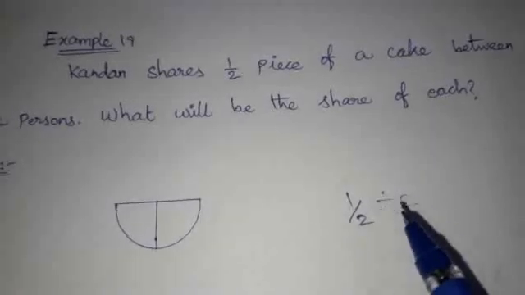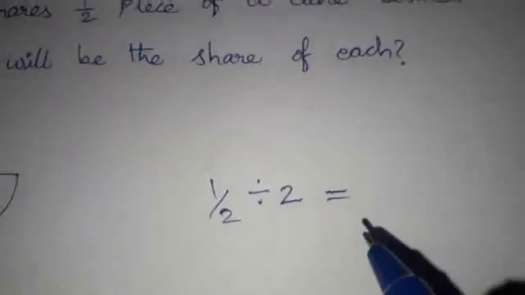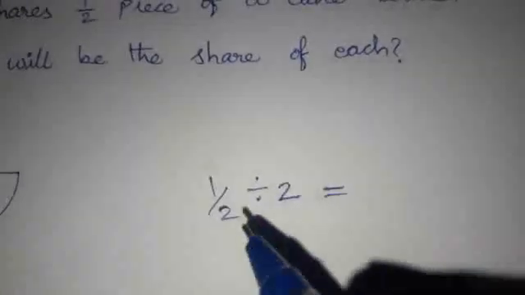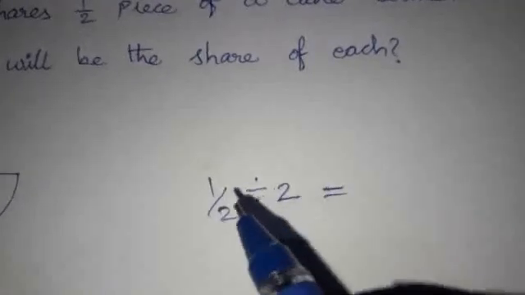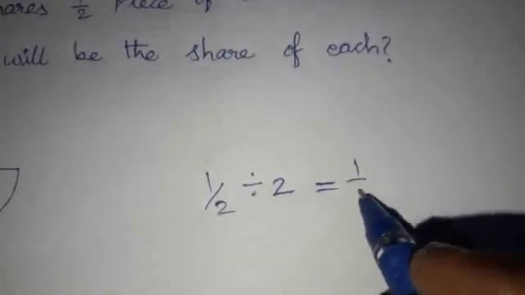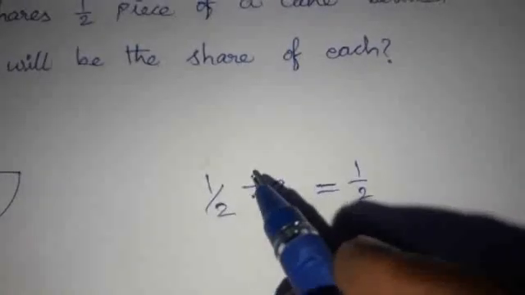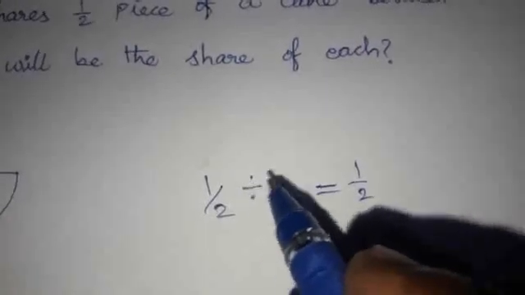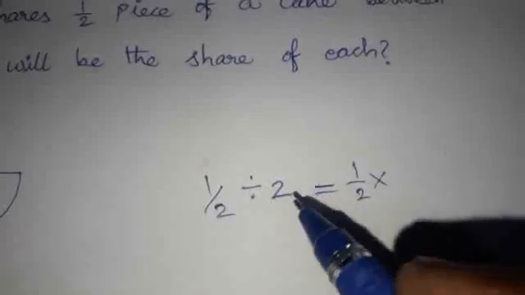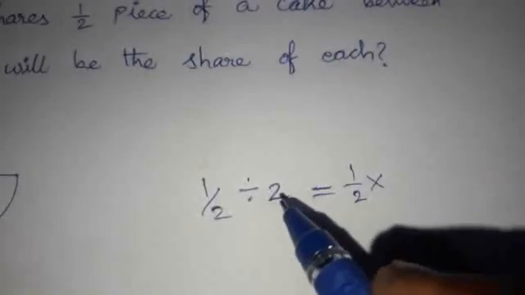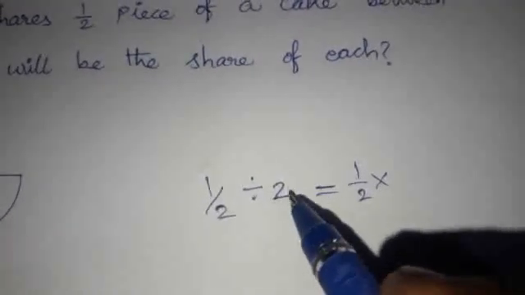Okay, listen how to divide this. I have told you already how to divide two numbers. First you have to write the first number, that is 1 by 2. Next you have to write division as multiplication, and then you have to write the reciprocal of the second number.